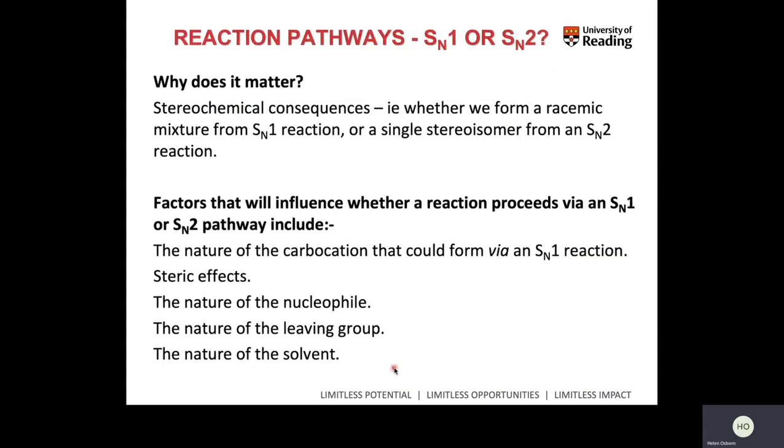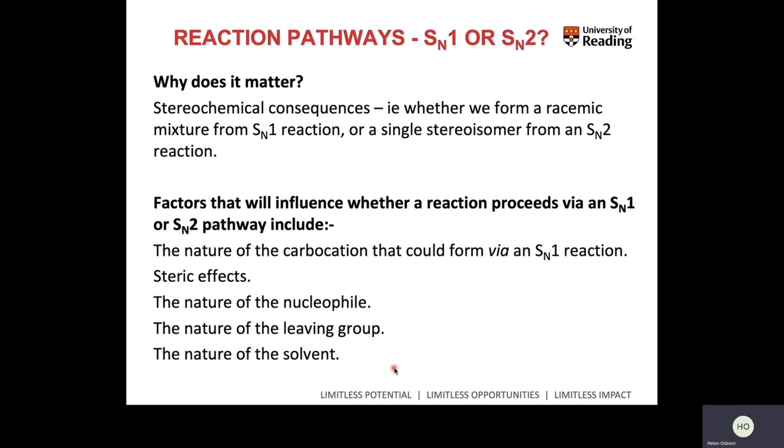Okay, so why does it actually matter whether we're going to be thinking about SN1 or SN2 reactions? Well, we've pretty much touched on this already when we've gone through the differences between SN1 and SN2. The reason it matters is because of the stereochemical outcome, the stereochemical consequence.